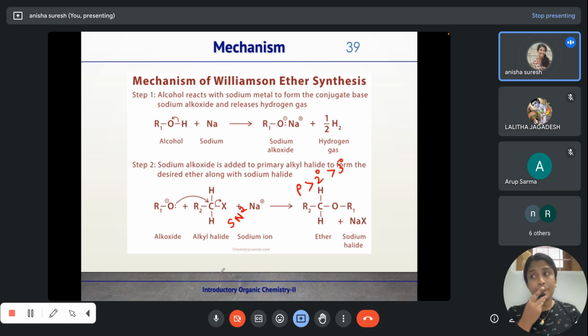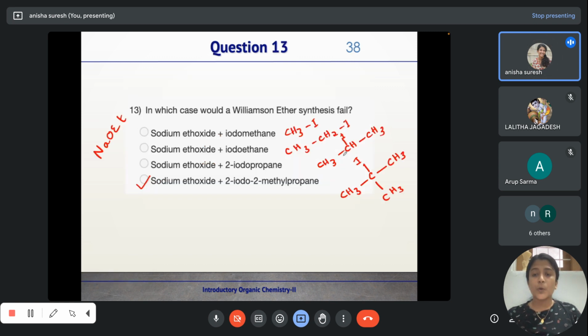Secondary halide, it can happen, but the feasibility will be decreasing, and tertiary halide will be the least facile. So here this 2-iodo-2-methylpropane is a tertiary alkyl halide.